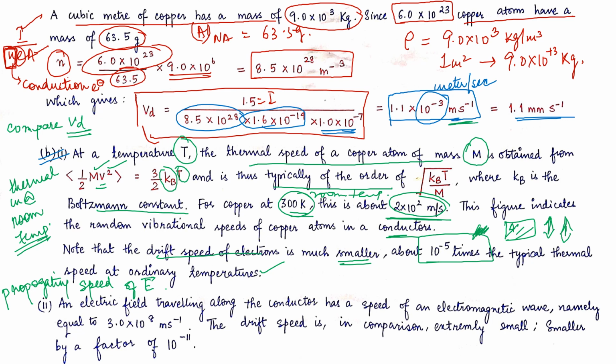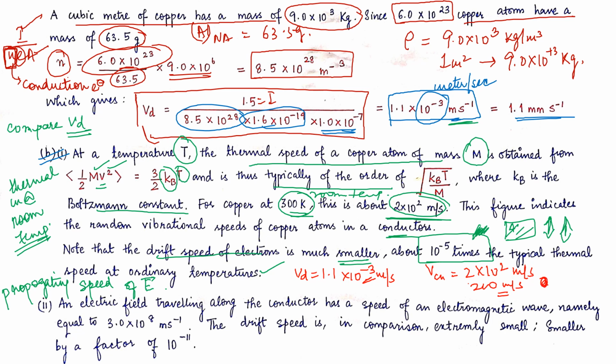I'll explain it. Vd is 1.1 into 10 to the power minus 3 meter per second, whereas the speed of copper at room temperature is 2 into 10 to the power 2 meter per second. See the difference, it is 200 meter per second, whereas this is 1.1 into 10 to the power minus 3. See the power difference.